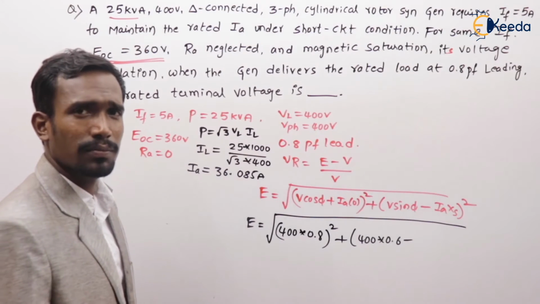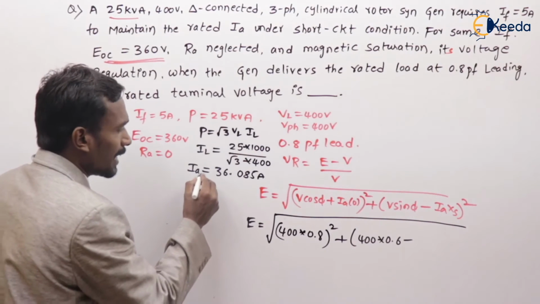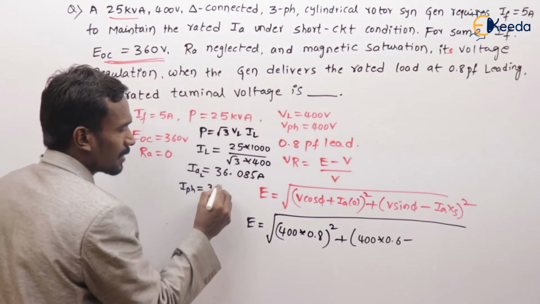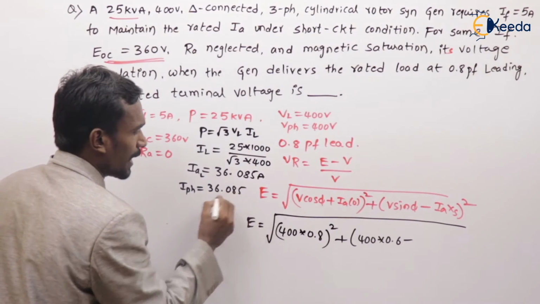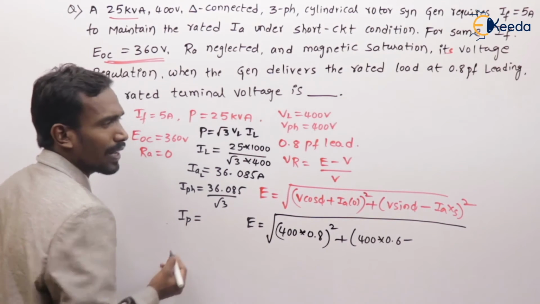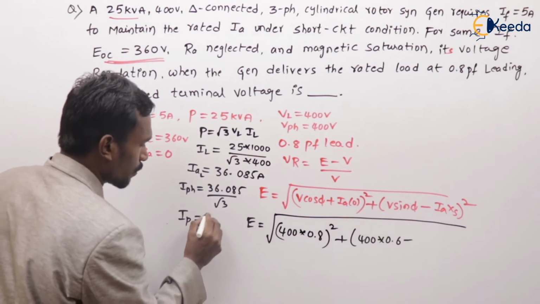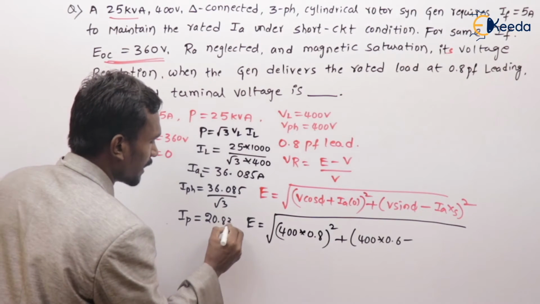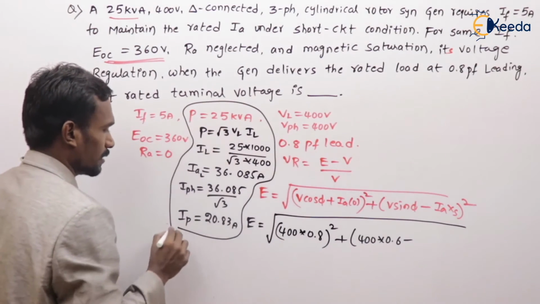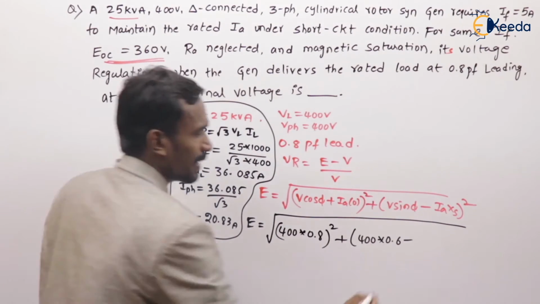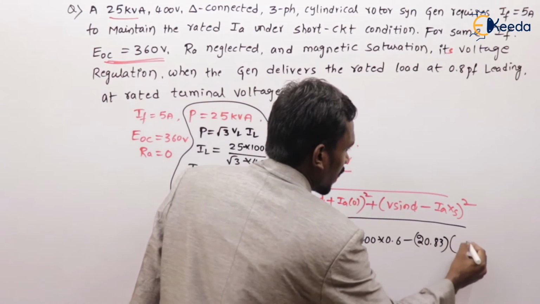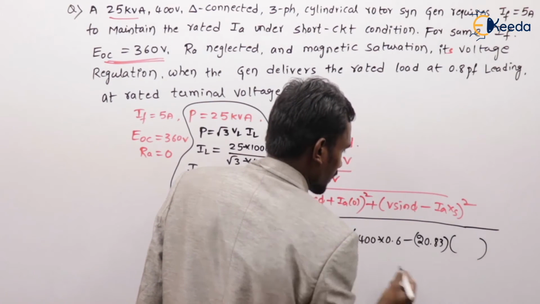Now this is the line current. I want the phase current: 36.085 by root 3. Now this phase current is 20.83 amperes. I got IA as 20.83 amperes.